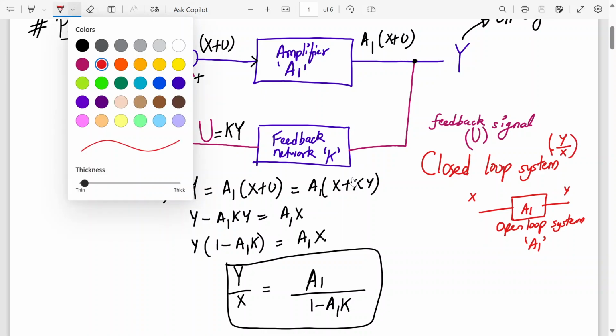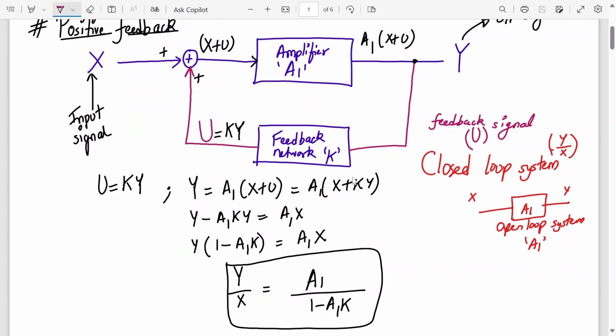So Y upon X is the gain of this entire circuit, the amplifier with the feedback network. It is the closed loop gain, which is given by the formula A1 upon 1 minus A1 into K. And A1 is the open loop gain of this amplifier itself, that's it.